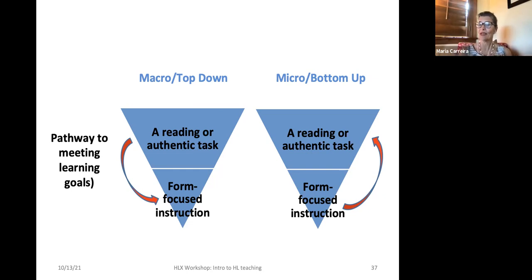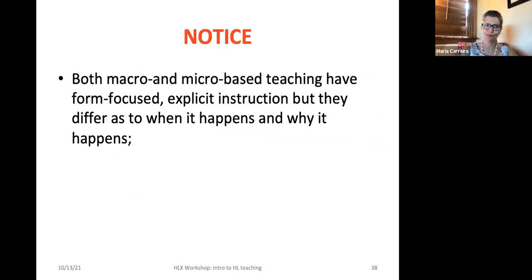Micro is the opposite. Micro is the kind of thing that we see in our language textbooks. You start focusing on form. Remember, so think about your textbooks. They typically start with, in this lesson, we're going to learn how to talk in the past, or we're going to learn home vocabulary. And then at the end of the unit, you get to the reading or the writing activity. So that's the opposite direction, right?